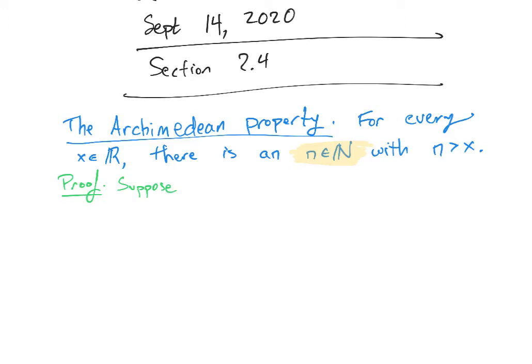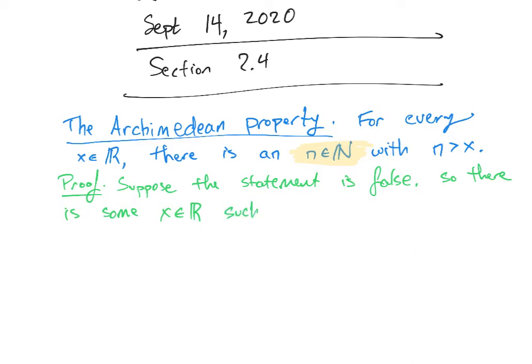Suppose the statement is false. Okay, what does that mean? So there is some x in R such that, well, what would it mean that there's no natural number that's larger than it?